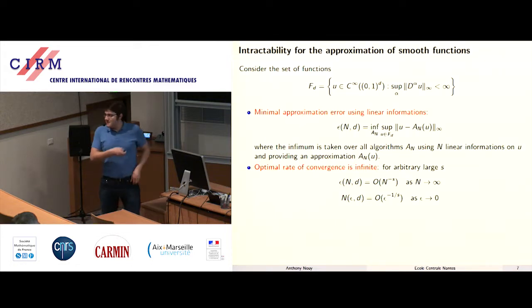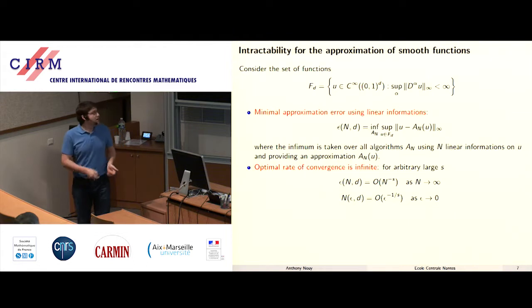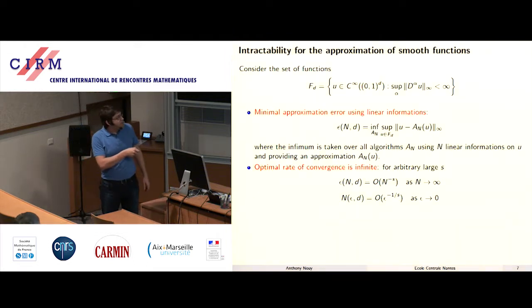So the nice result, it seems to be nice, because you have this very nice set of functions. You see that the precision, asymptotically, does not see the dimension. And you have this property for arbitrarily large s. It seems quite natural, because you are infinitely many times differentiable.